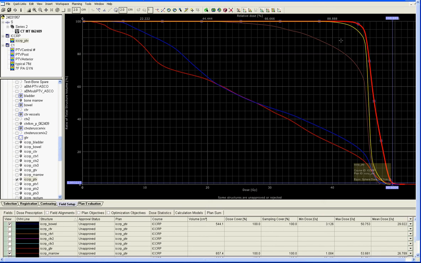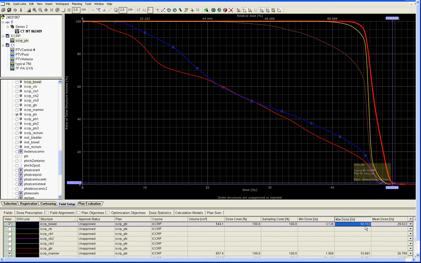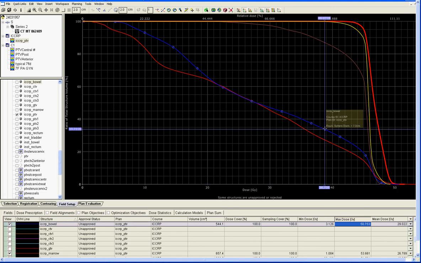Looking at the normal tissue constraints, the bowel should receive a maximum less than 50 gray. Here it's right at 50 gray. Let's see, the V45 should be less than 250 cc's.